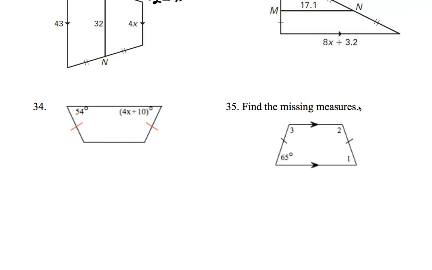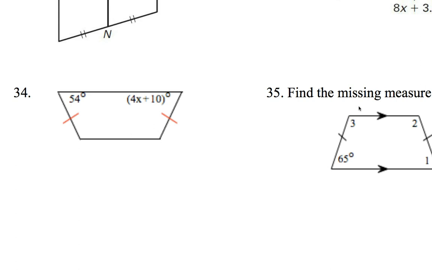All right, 34, we have an isosceles trapezoid, which means that the base angles that are attached to the same base are congruent.